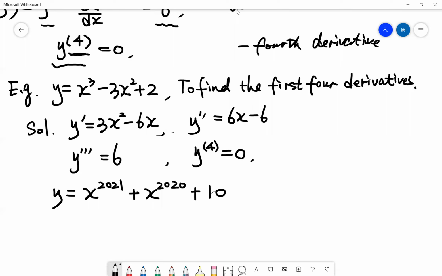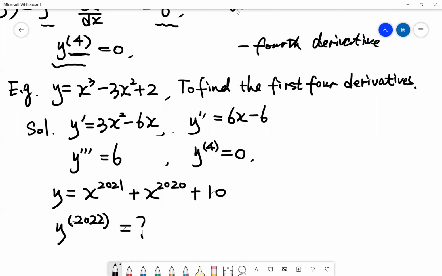So here I want to calculate y to the 2022nd derivative. That equals what? Can you answer me directly? Teacher, 0. Yeah, 0.